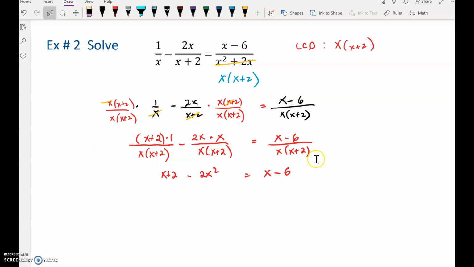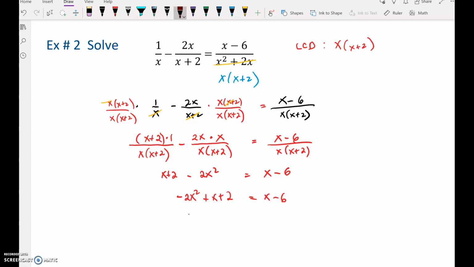Here I'm starting to ignore the denominator since all of them have a denominator of x times x plus 2, so I can just focus on their numerators. Then, rewriting this into standard form, I get negative 2x squared plus x plus 2 equals x minus 6. And this is where I'm going to start moving terms from one side to the other, so I only have all the terms on one side.